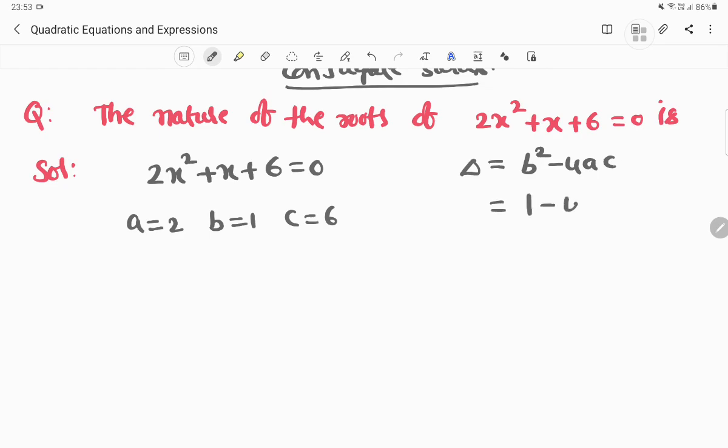So 1 − 4 into 2 into 6, that is equal to 1 − 48, which is equal to −47.